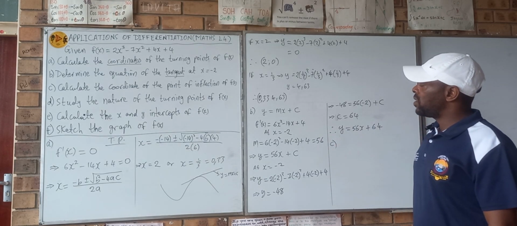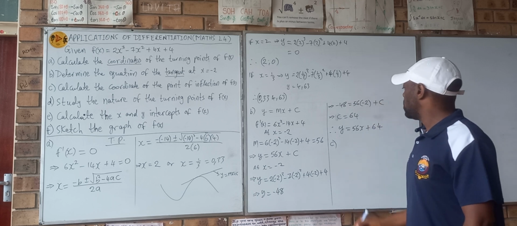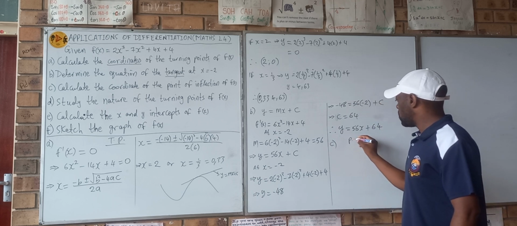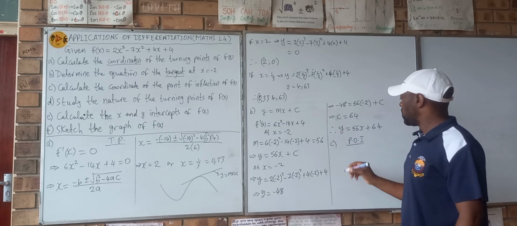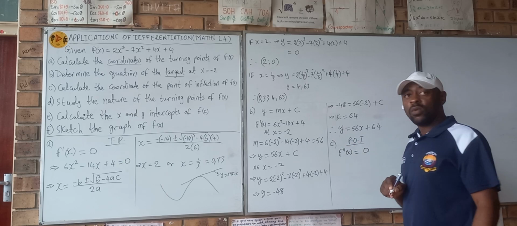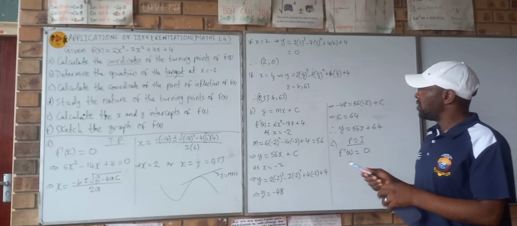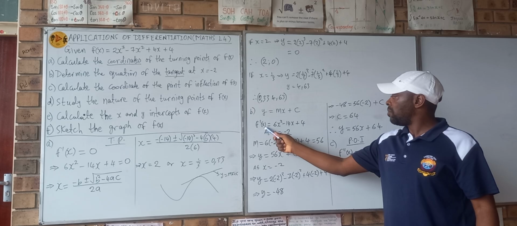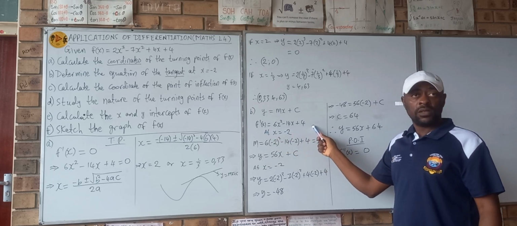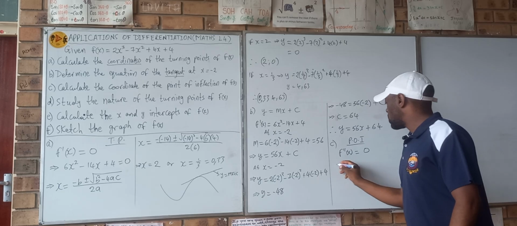So the C part says calculate the coordinate of the point of inflection. If we call point of inflection POI, we'll say at point of inflection, the second derivative is supposed to be equal to 0. We already got our first derivative when we were calculating m, the gradient. To get the second derivative, we just go to the first derivative and differentiate again.